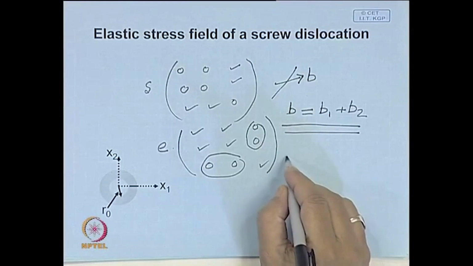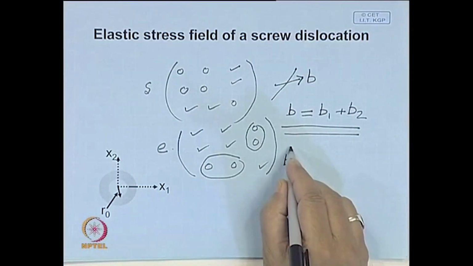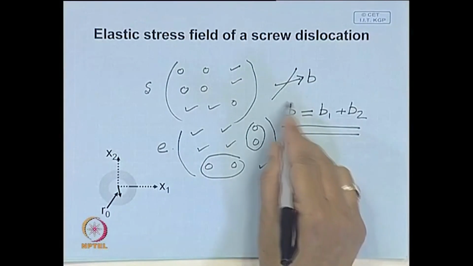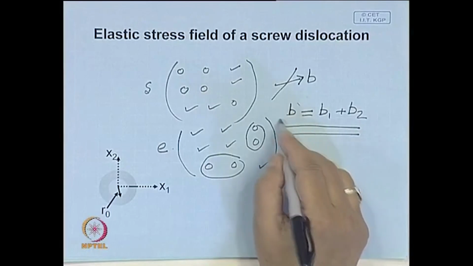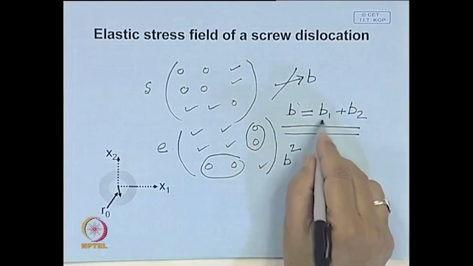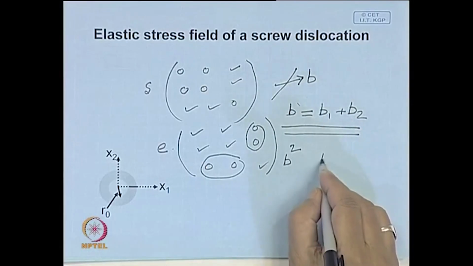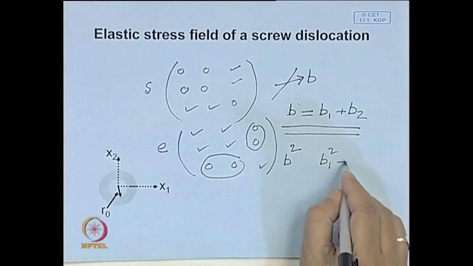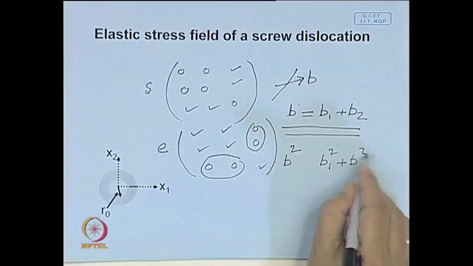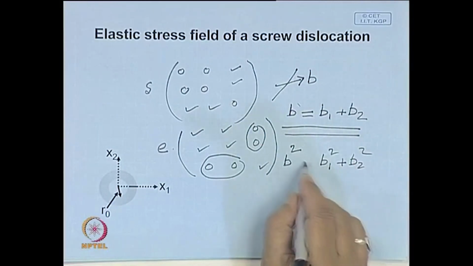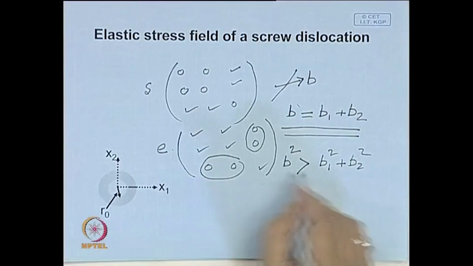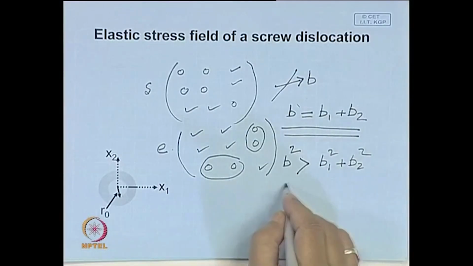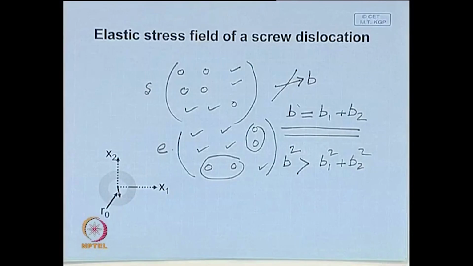What we try to do is check if b square, which roughly gives us the energy of this dislocation, and the product dislocation energy, b 1 square plus b 2 square. If there is a reduction in energy, that is, if b square is greater than this, then the reaction will be favorable, and we will often use this concept to explain dislocation interaction.